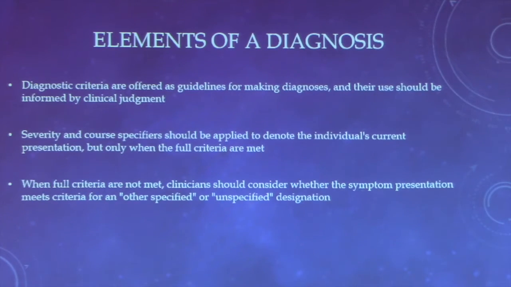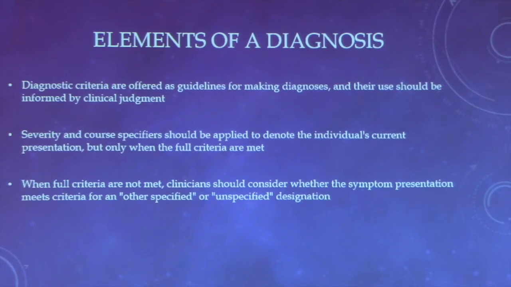So when you make a diagnosis, there are certain elements of the diagnosis. Obviously, the criteria are there that you learn, and then how severe the criteria are, and whether the full criteria are met or not. And if they're not met, obviously you go with the unspecified or other specified diagnosis.